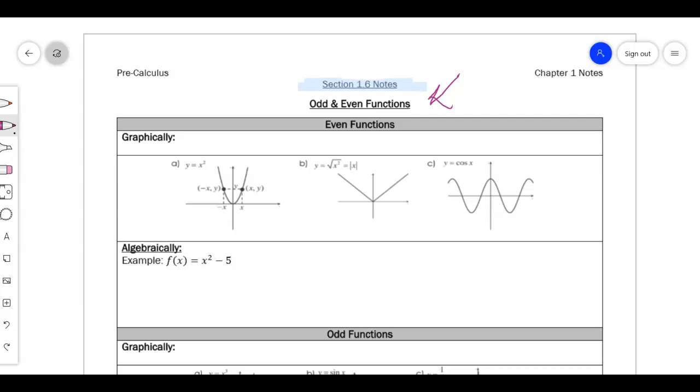On a graph, something is going to be an even function if it is symmetrical over the y-axis. So in each of these examples you can see, if you were to fold the left or the right side over the y-axis, it would fold right on top of itself.